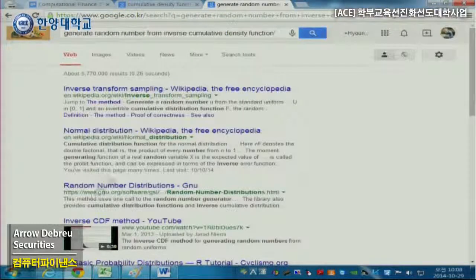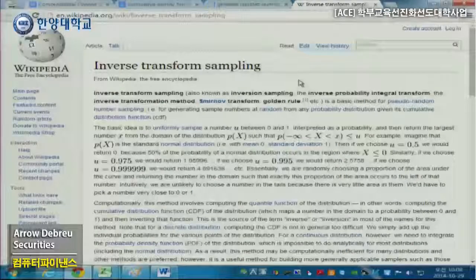Inverse cumulative density function, inverse transform sampling. Yes, it is called inverse transform sampling.